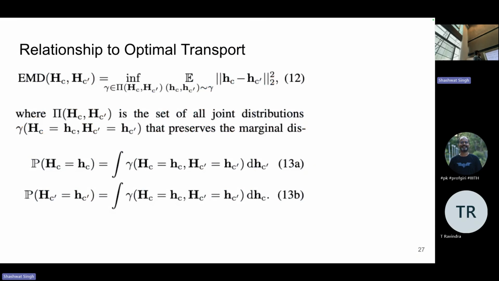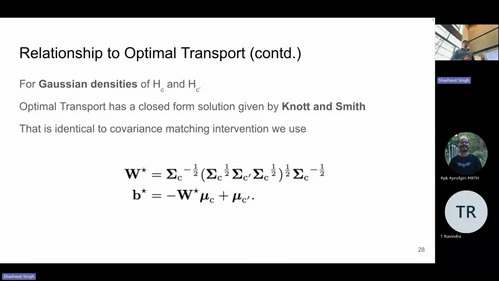And this equates to the mapping that leads to one distribution resembling the other. For arbitrary complex distributions, you need arbitrarily complicated models. But it just so happens that if you somehow knew that HC and HC dash were Gaussians, then the solution that we provided for the two constraints is the optimal transport solution for those two distributions.